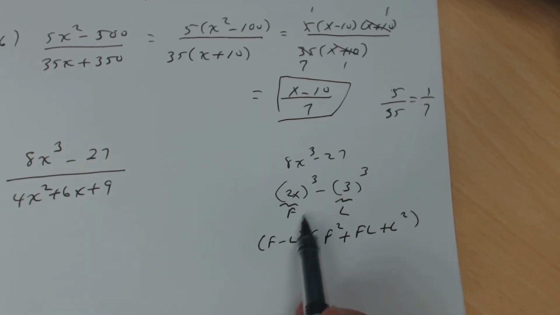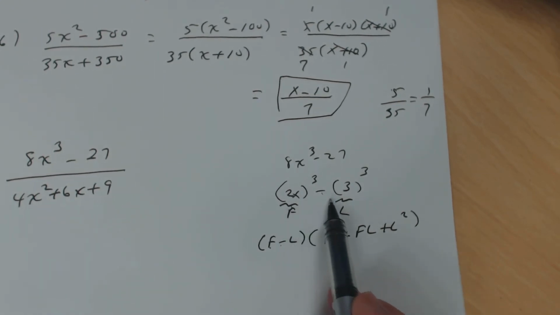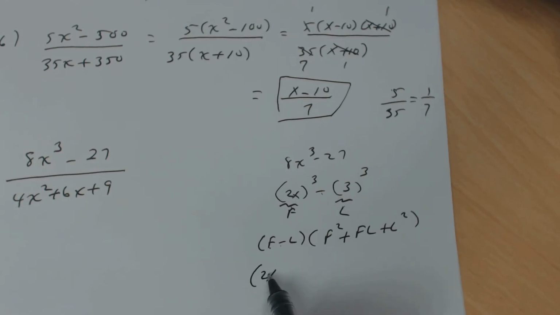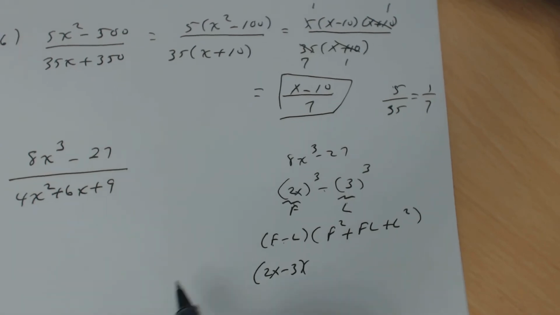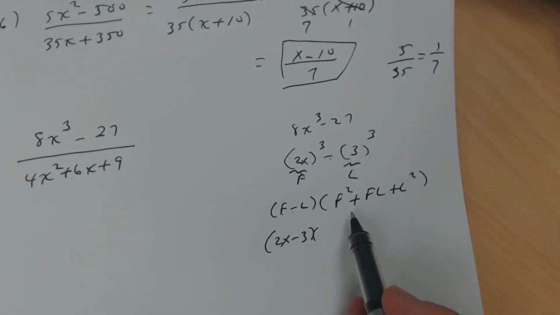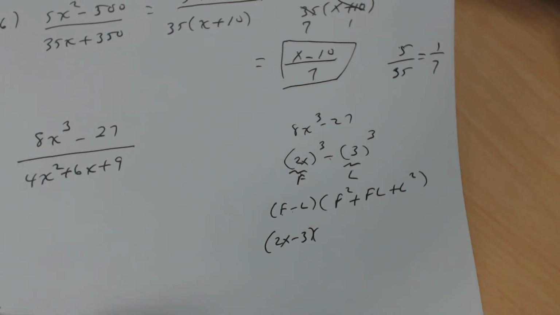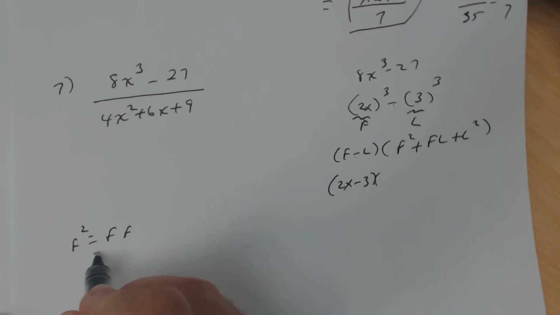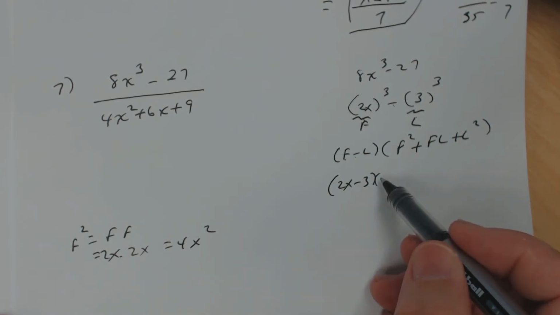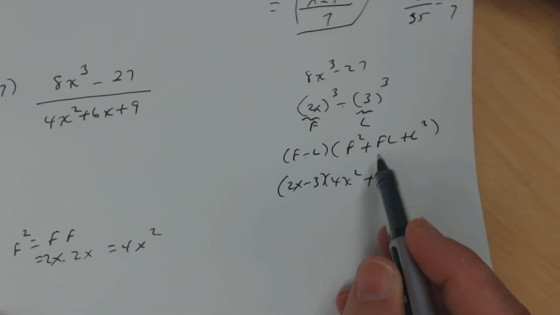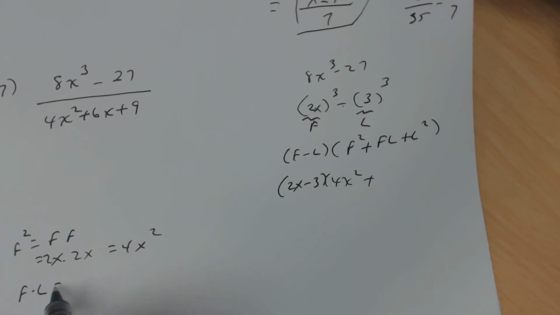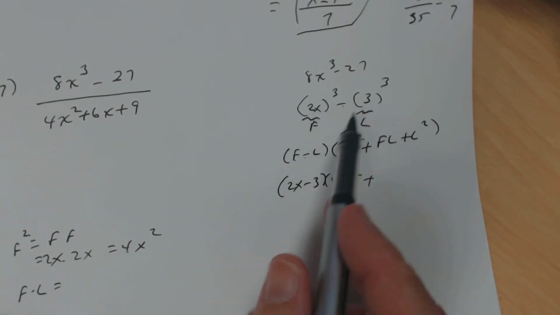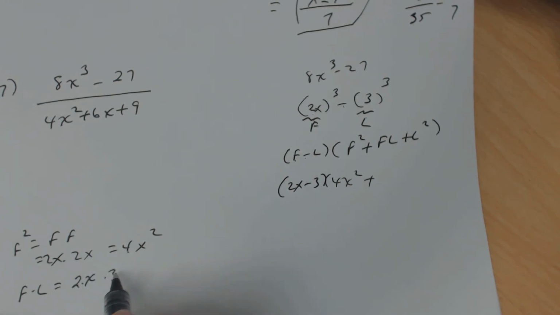So let's go ahead and see what this is. That's going to be f minus L, so that's 2x minus 3, times, remember, you have to do some things on the side here. If you do too much in your head, you may mess up. So f squared means f times f, and f here is 2x. So 2x times 2x is 4x squared. That goes here, 4x squared, plus f times L, which is 2x times 3, which is 6x.